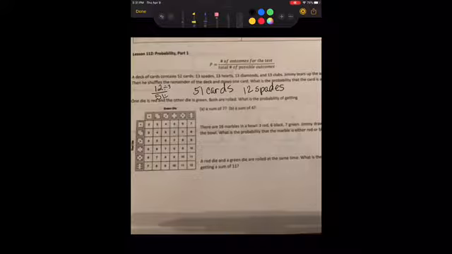So we can divide each of these by 3. So that yields 4 over 17. Okay, this is the probability of the outcome. You always want to reduce when you can.